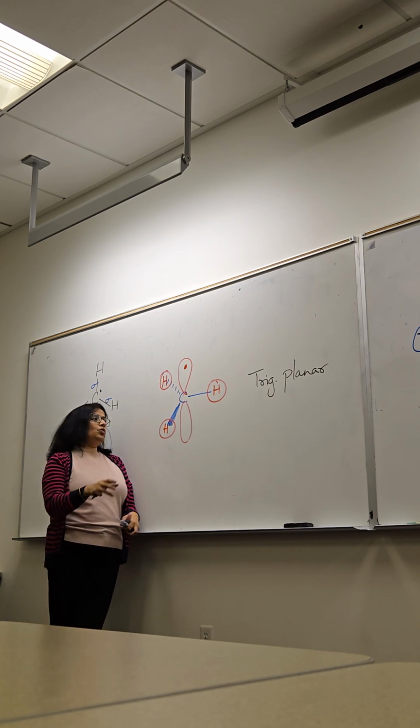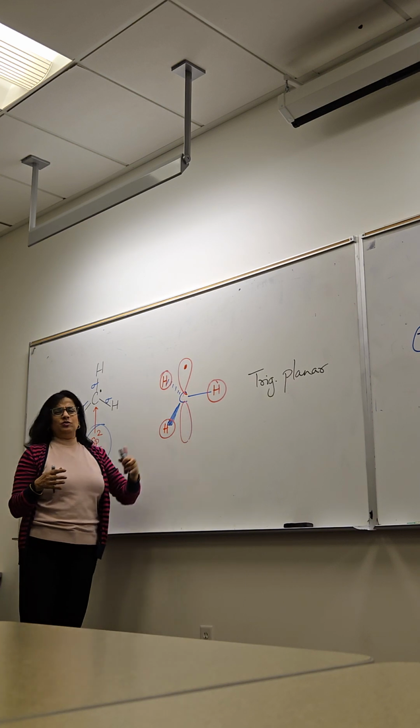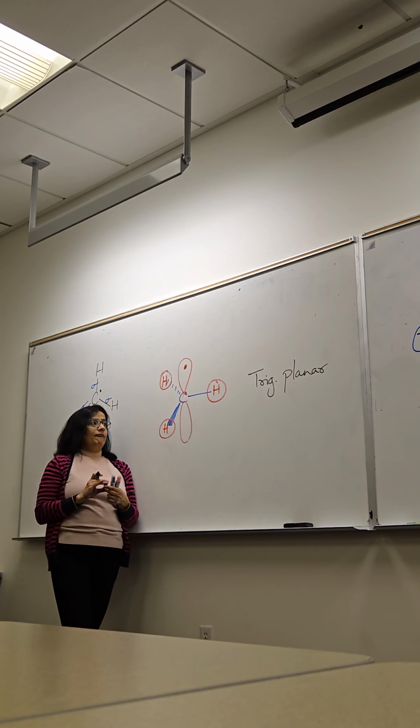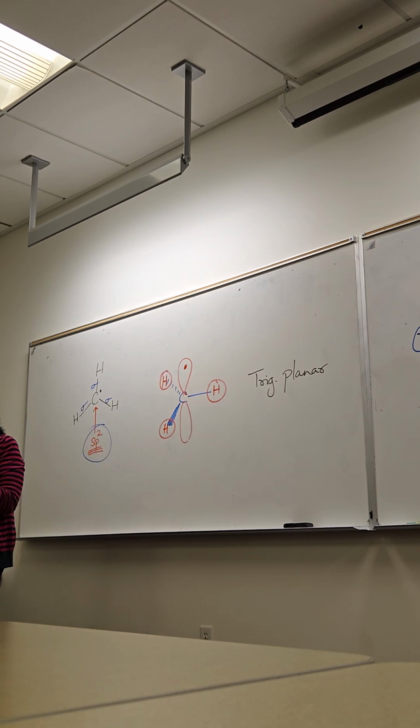Next question. Would you consider the radical carbon to be electron rich or electron poor? How many electrons does that carbon want to have? How many does it have? It has 7. So is it electron rich or electron poor? Electron poor.